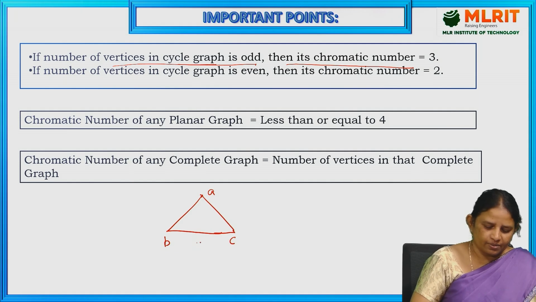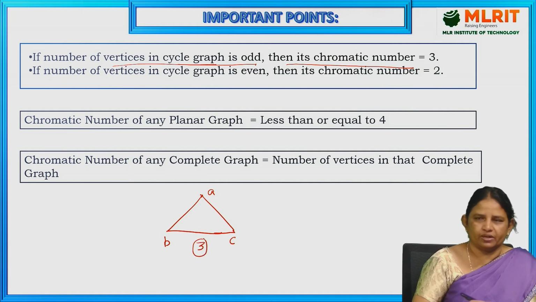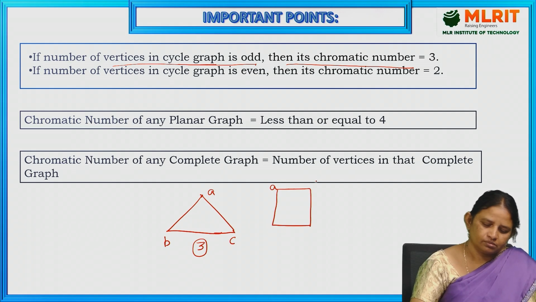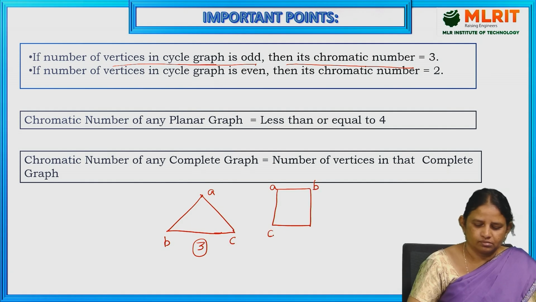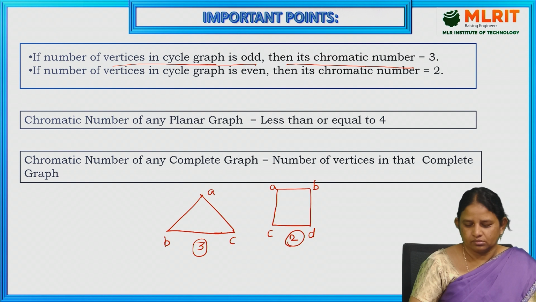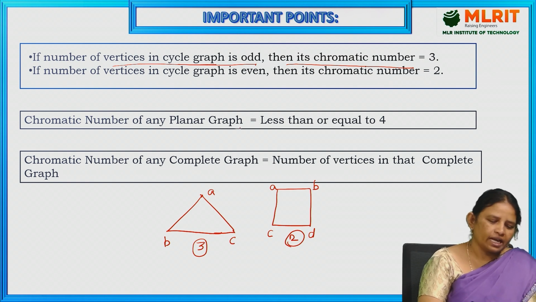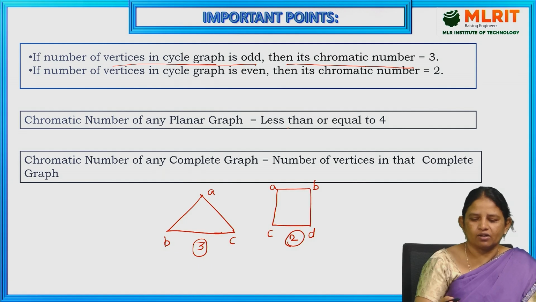The chromatic number is 3. This was already proved in the previous examples. Next, if the number of vertices is even, the chromatic number is 2. Next, the chromatic number for any planar graph is less than or equal to 4.